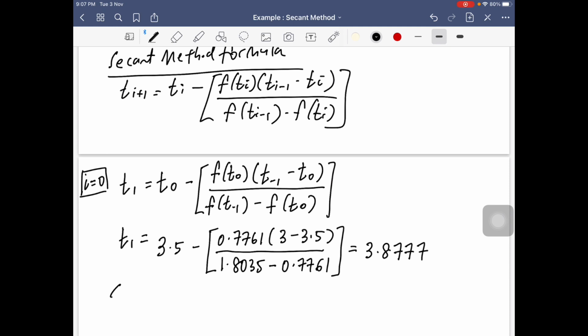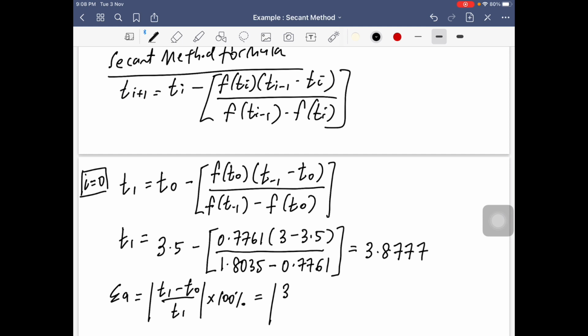Now we calculate the approximate percent relative error. For our first iteration, it comes from (t1 minus t0) divided by t1, multiply with 100 percent. In the secant method, we can also calculate the approximate percent relative error at the very first iteration, because we already have a previous value which comes from our guess.